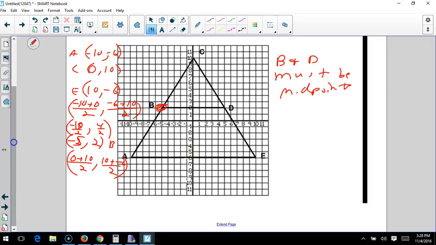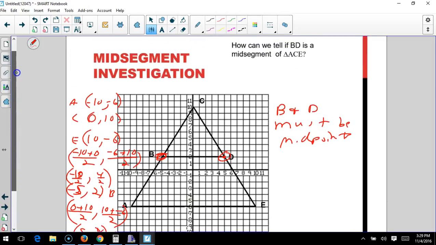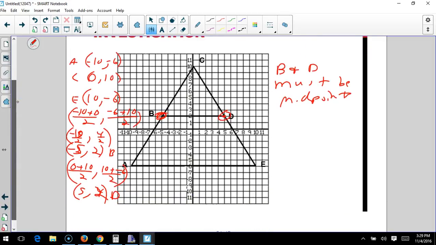So 0 plus 10 divided by 2 is 5. 10 minus 6 divided by 2 is 2. We go over to 5, 2, and there's point D. So we've just proven that BD is a midsegment because it connects the midpoints of AC and CE.